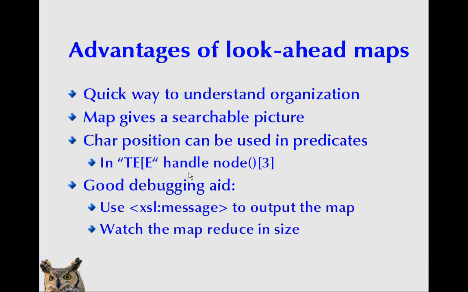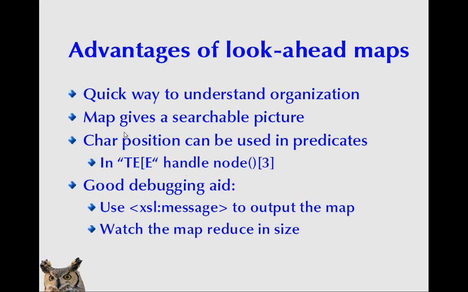So there are several advantages to using these look-ahead maps. One is that it's a very quick way to understand the organization of a complex set of nodes. The next is the map returns you a picture which you can then search. So I could search for an open square bracket and then search for a closing square bracket within that same string, or not.